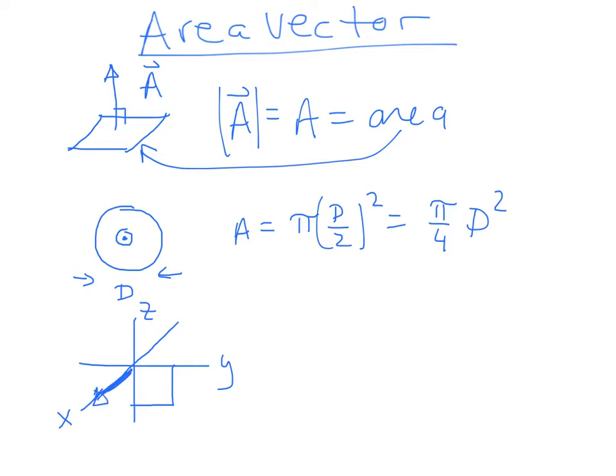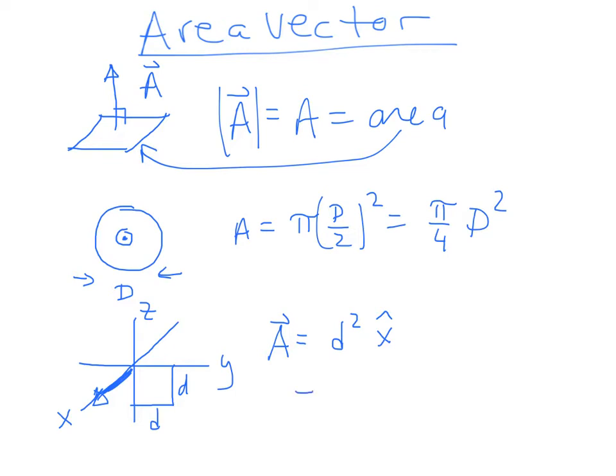If the side of this, let's say, is d, then this area vector would be d squared times x hat. It would be a vector in the x hat direction, which is perpendicular to the YZ plane, and has a magnitude equal to d squared.